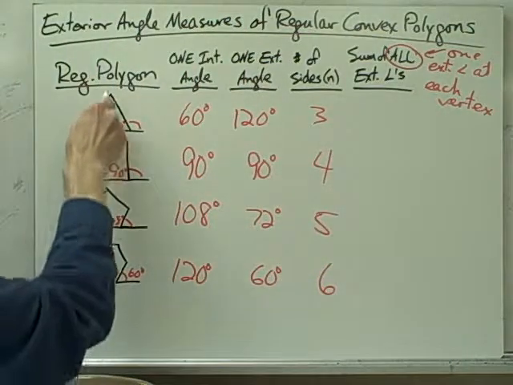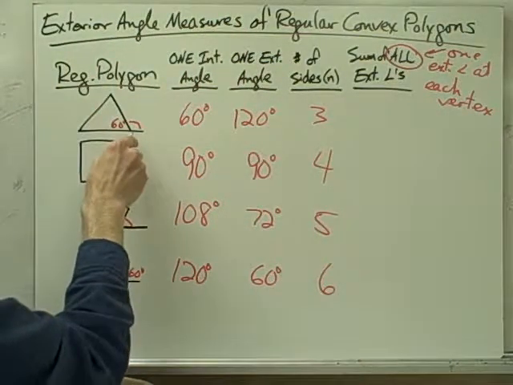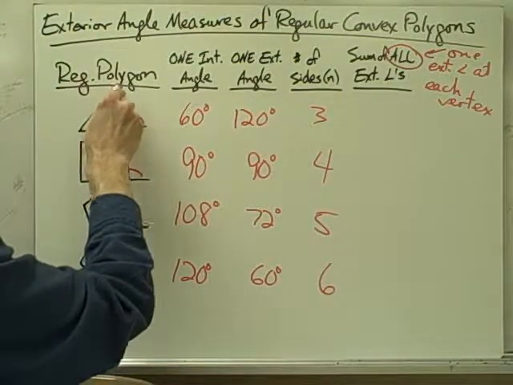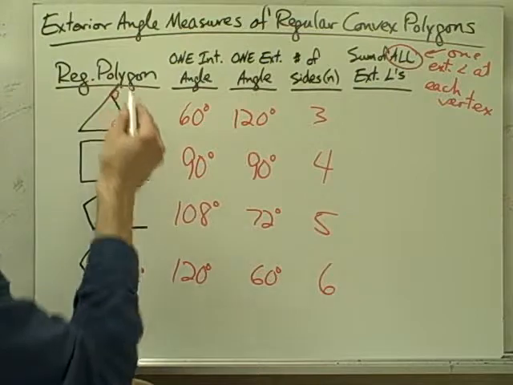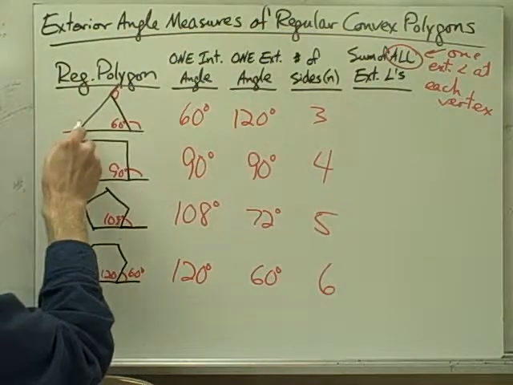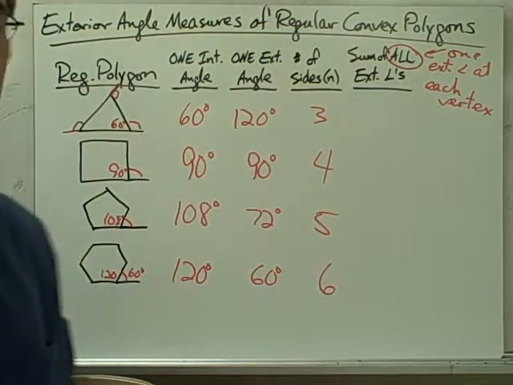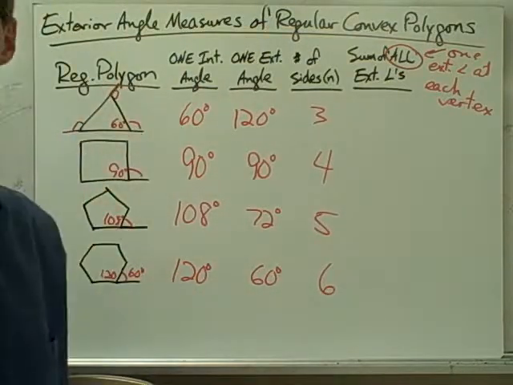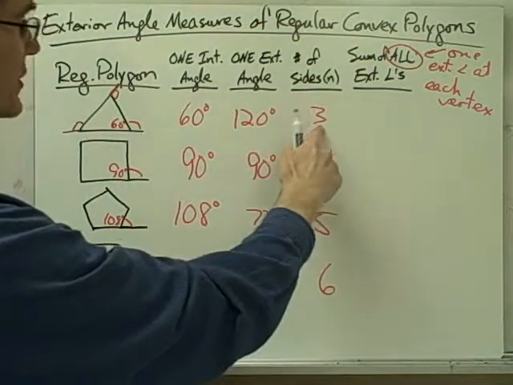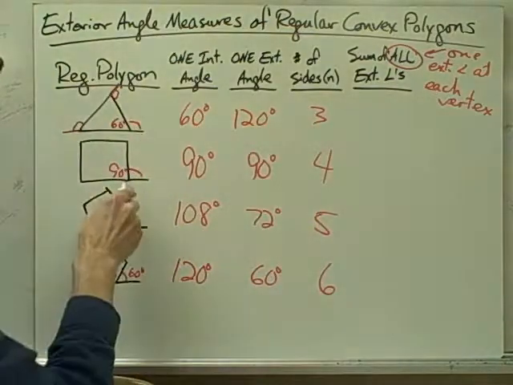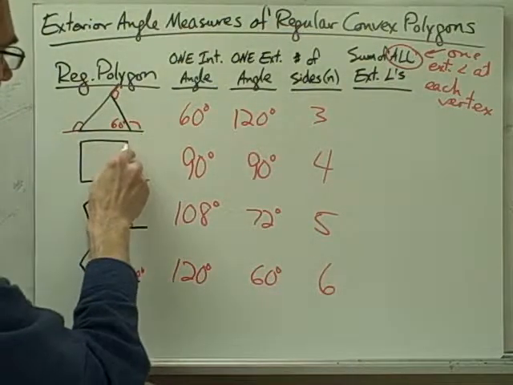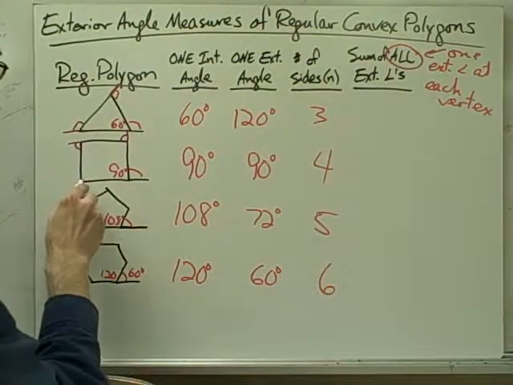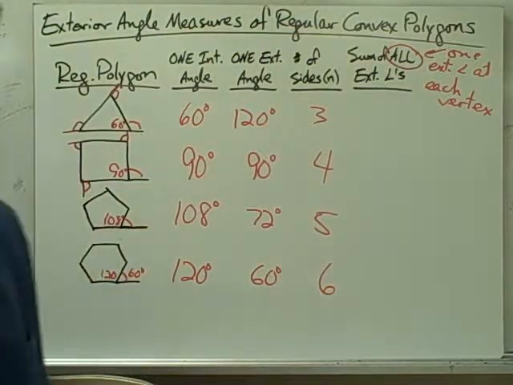So in other words, for a regular triangle, I want one exterior angle at this vertex, and one exterior angle at this vertex, and one exterior angle at this vertex. So I'm going to have a total of 3 exterior angles, or the same number of exterior angles as I have sides in the figure. Same thing for here. I've got one exterior angle here, one here, one here, and one here. All right?